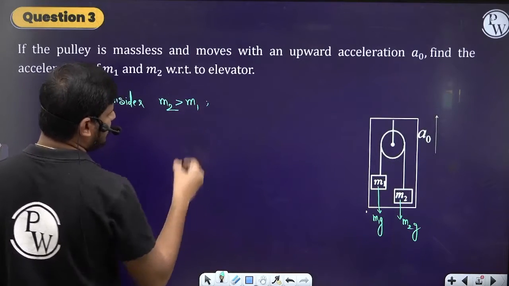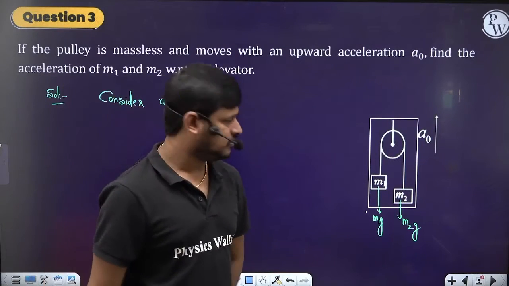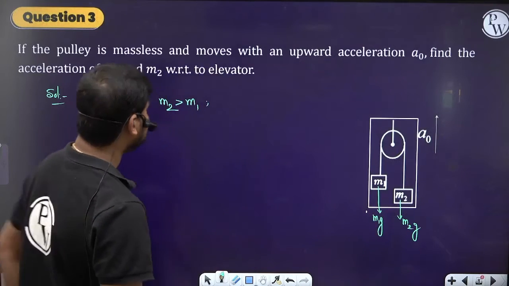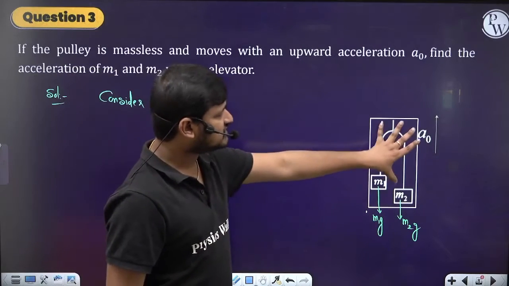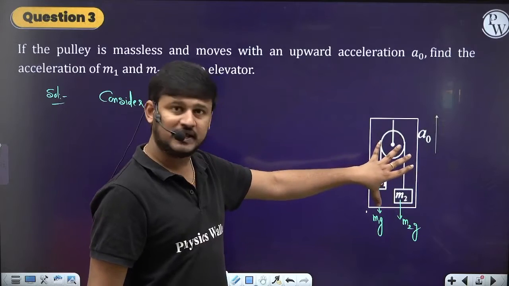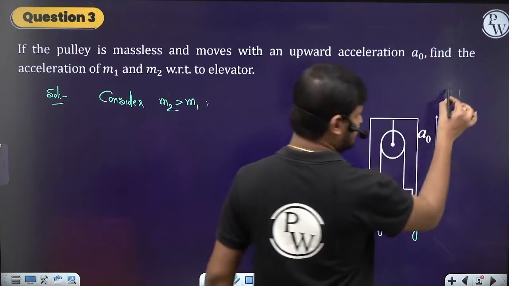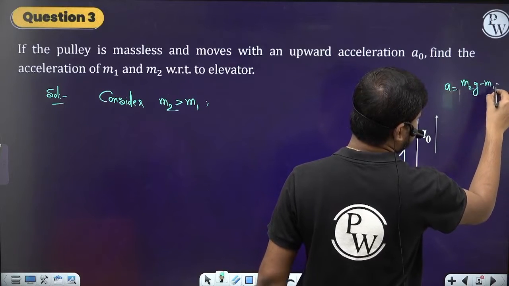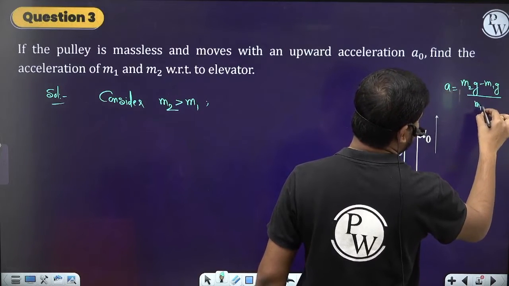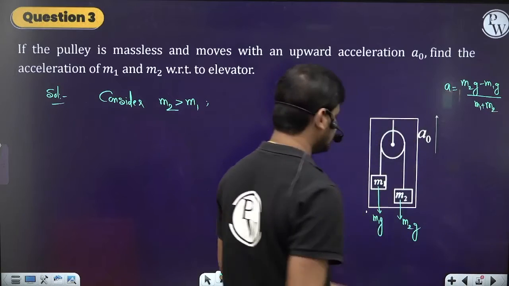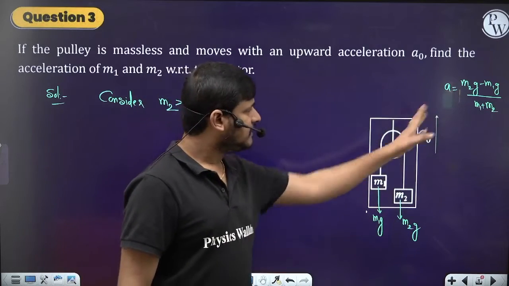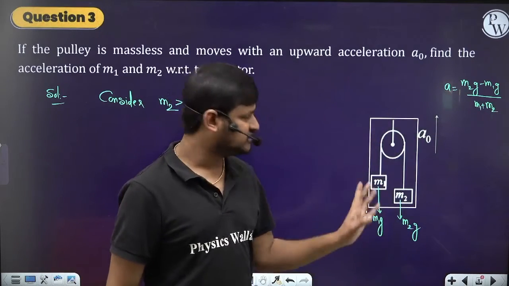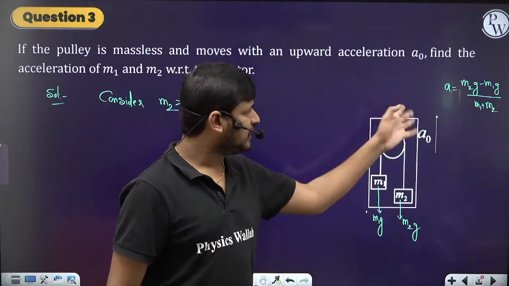If there is no acceleration to the whole pulley, the basic case acceleration is simply m2g minus m1g by m1 plus m2, the net mass. Yes or no? This is a simple Atwood machine.